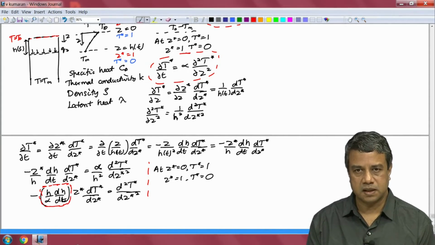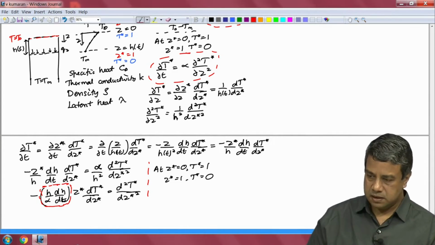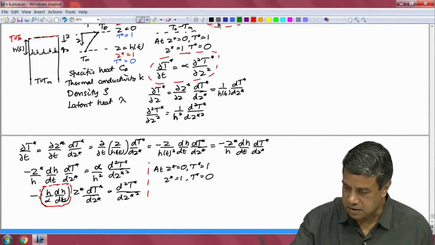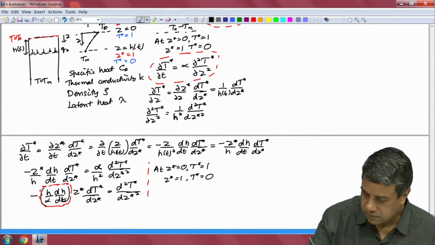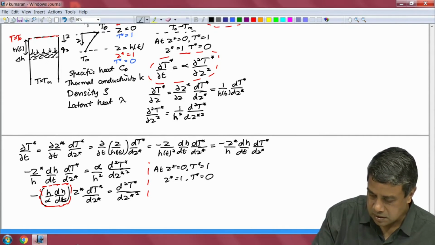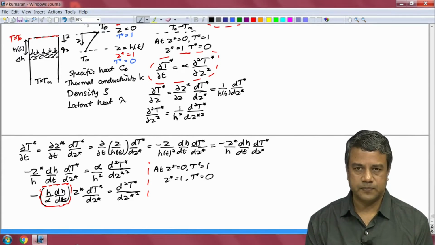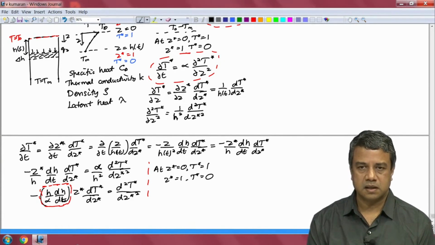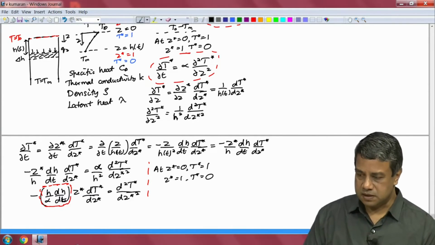The way it is done is to do a balance, where I consider that an amount is melted. Delta H is the amount that is melted, let us say in a time delta t, when the heat flux is Qz.